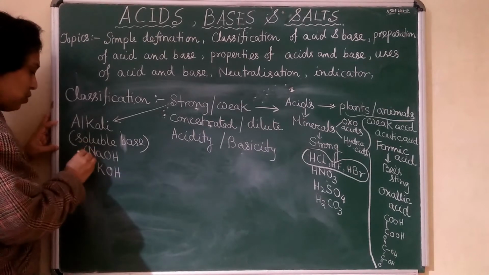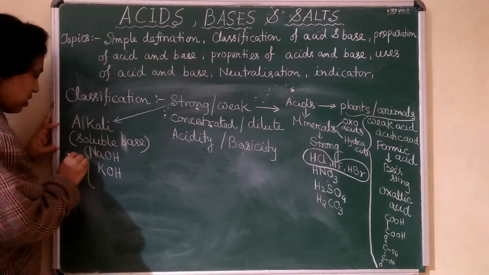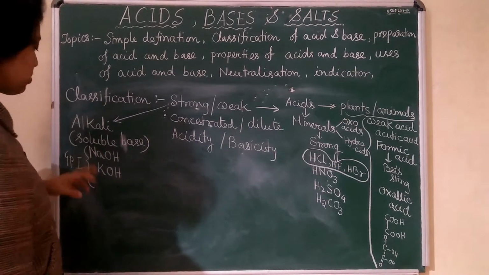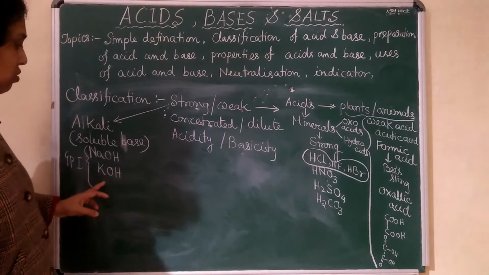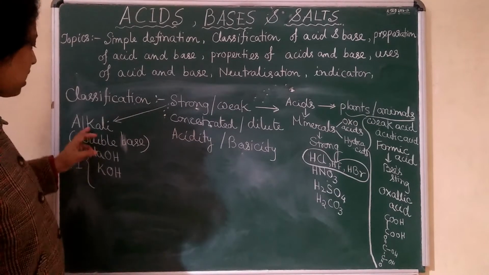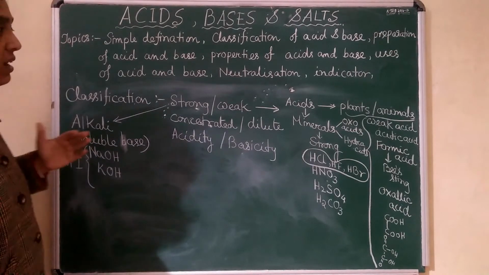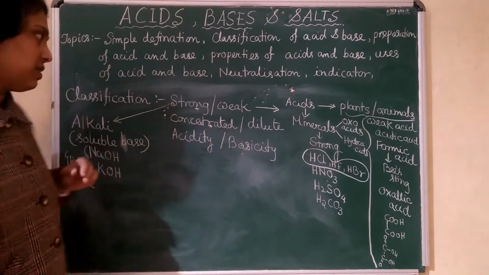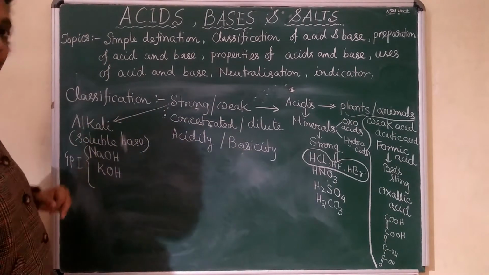These are group 1, the periodic table group 1 you have studied. Mostly group 1 elements forming the base are soluble bases, and they are called alkalis. Group 2 are also metals, but they form weak bases. So this way you can remember strong and weak.